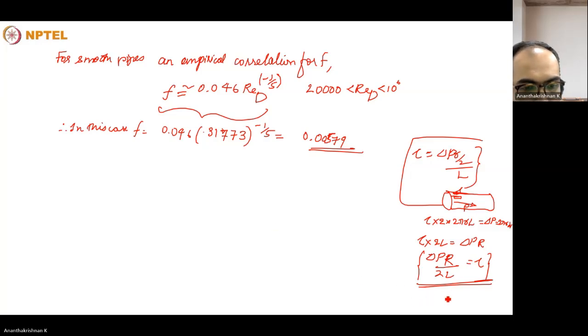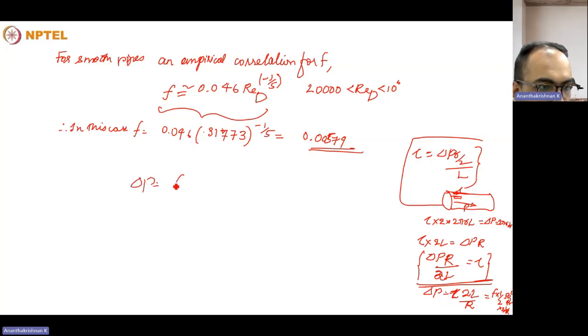So this is one equation. Therefore, delta P can be written as tau into 2L divided by R, and substituting the value of shear stress, that will be equal to friction factor into half rho u mean squared multiplied by 2L by R. Delta P is equal to f into half rho u mean squared multiplied by 2L by R.